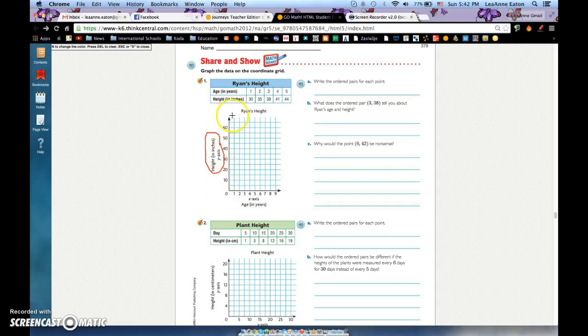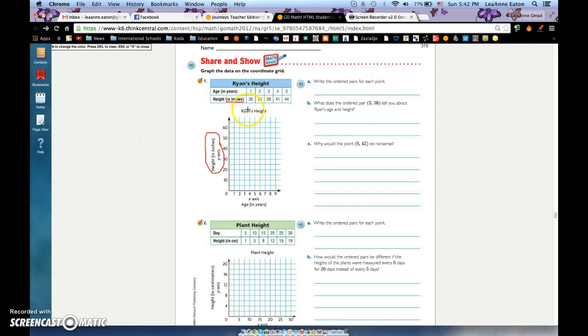Then we track how tall he is in the American measurement of inches. If you make a little funny shape with your finger, you can measure from knuckle to knuckle, and that's about an inch, for those of you who are dying to know what an inch is.